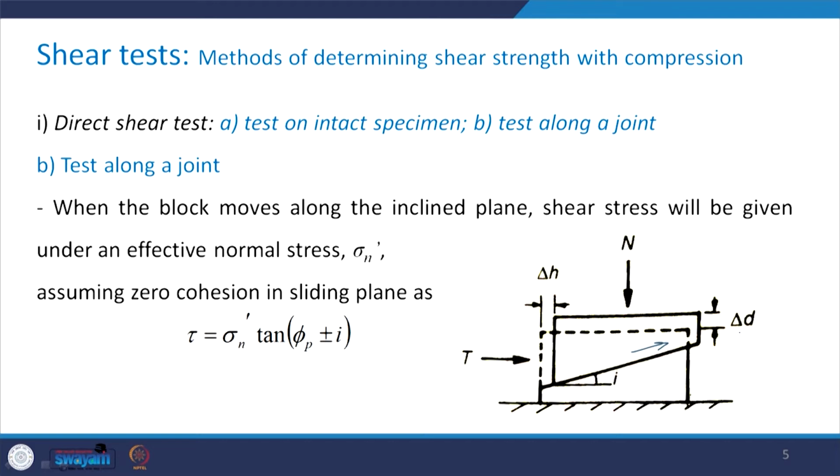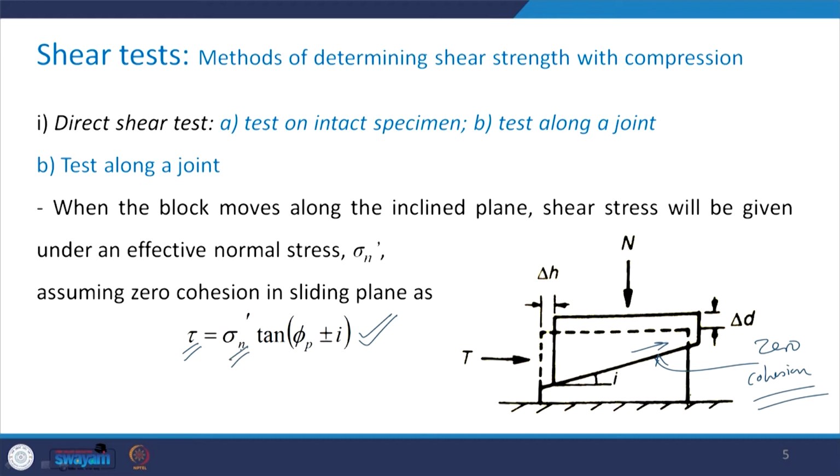So, therefore, the shear stress will be given by this expression, where it is assumed that there is zero cohesion in this sliding plane. That means, here it is zero cohesion. So, you will have only the frictional component, where the shear stress is a function of the normal stress sigma.